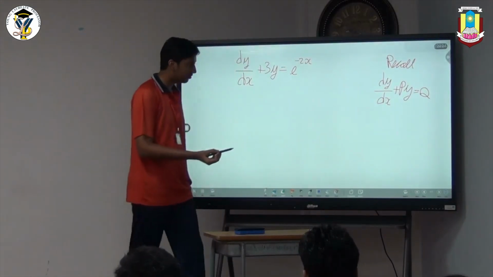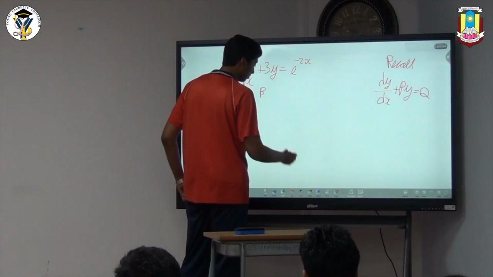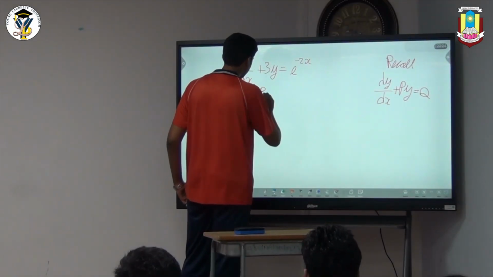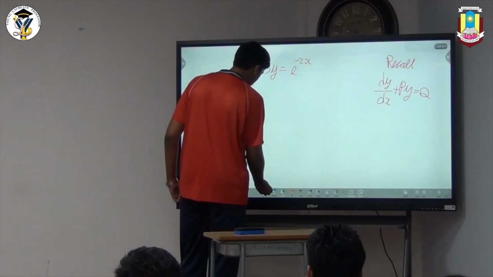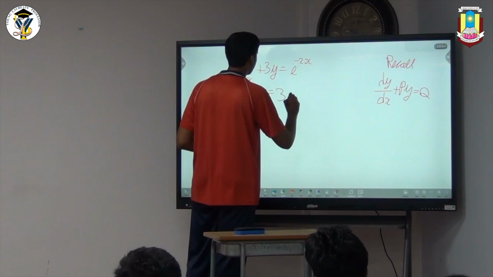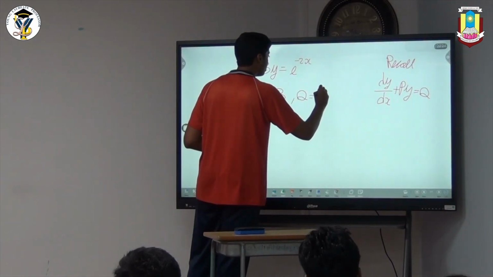On comparison, we identify that p is 3, and q is e raised to minus 2x.